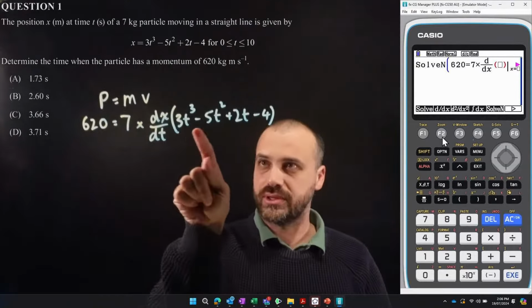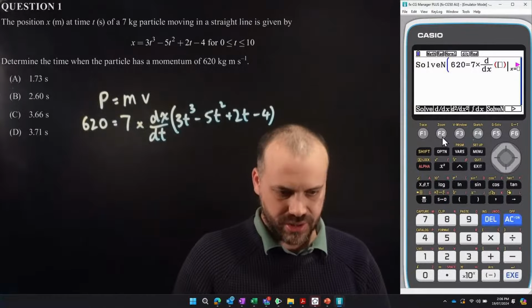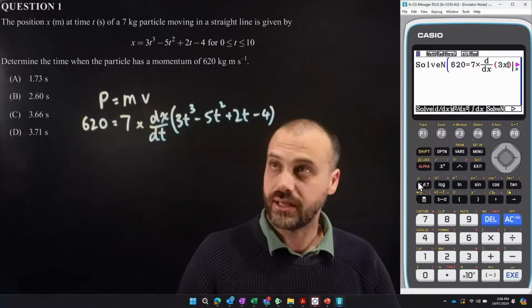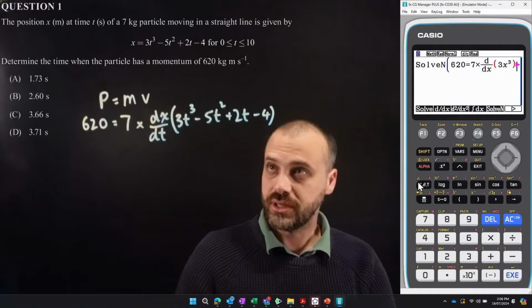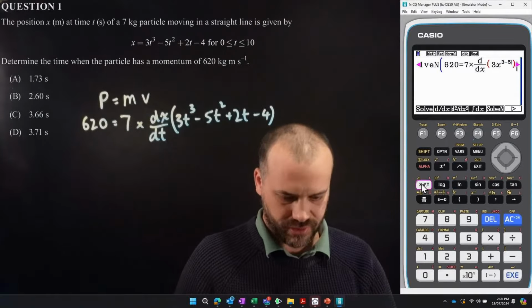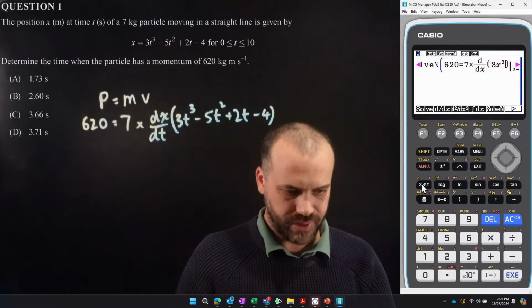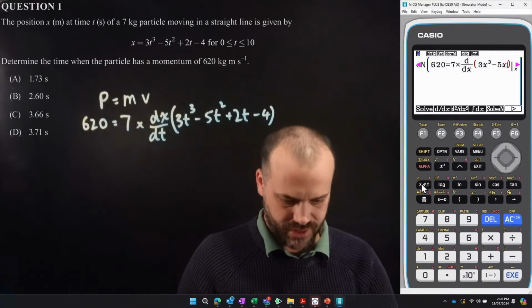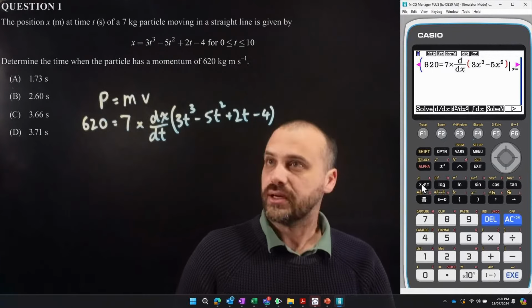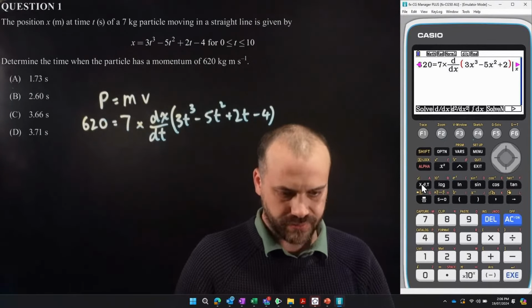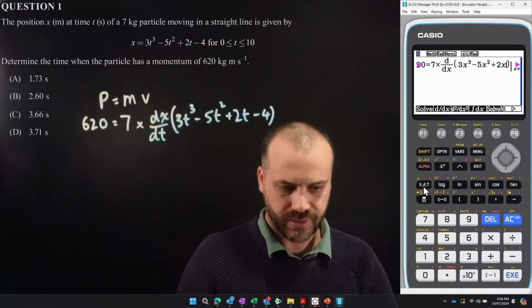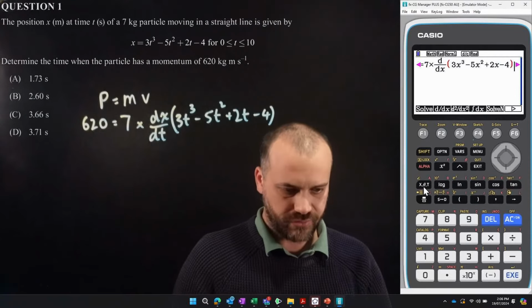Now I'm going to have to do it with x's instead of t's. So 3x cubed minus 5x squared, oops, be careful, minus 5x squared plus 2x, and then minus 4.